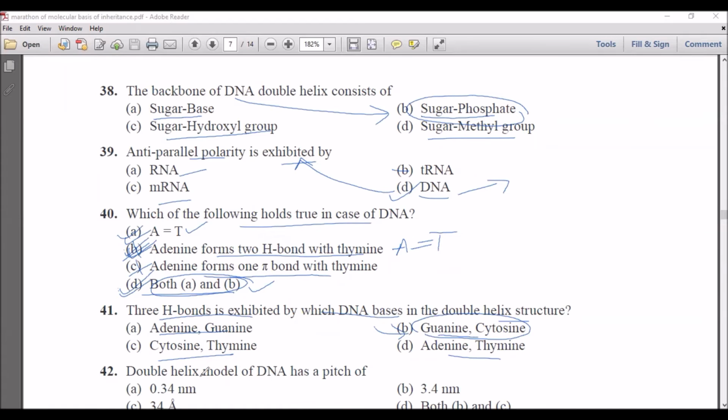Next question is, the double helix model of DNA has a pitch of 0.34 nanometer, 3.4 nanometer, 34 angstrom, and both B and C. Now we know that both B and C are correct. That is, D is the correct answer.